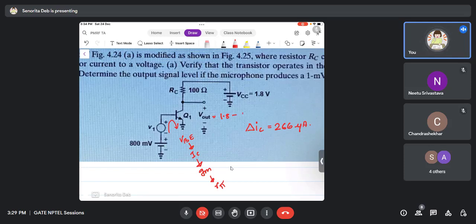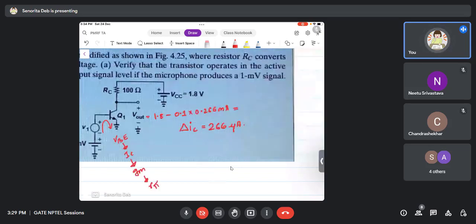RC is 0.1 K, it's 100 ohms, so I am writing 0.1 K into delta IC, which is 266 microampere or 0.266 milliampere. Now you check, what is the value of V out you are getting? 1.8 minus 0.0266, which is nothing but 1.7734 volts.